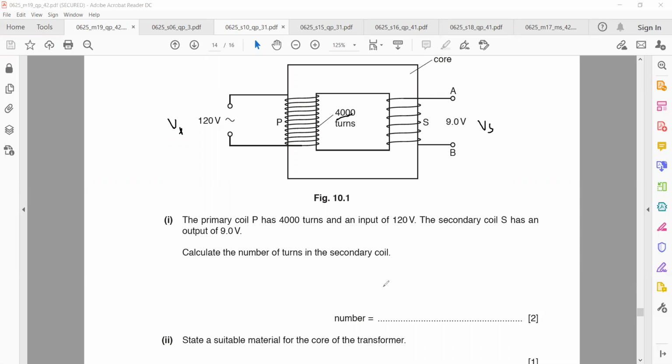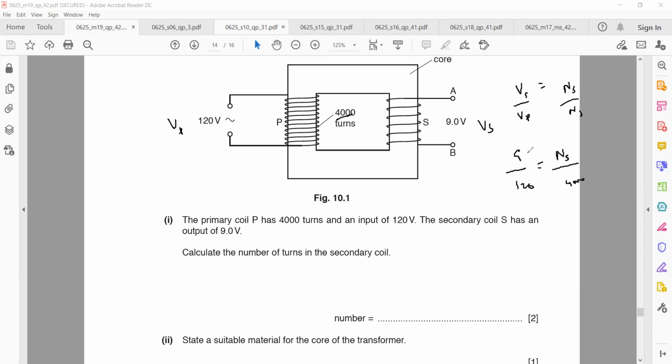You need the number of turns of secondary. Again the same formula, which is VS over VP equals NS over NP. Voltage of secondary 9, voltage of primary, sorry, 120, not 12. Number of turns of secondary we don't know, and number of turns of primary 4,000.